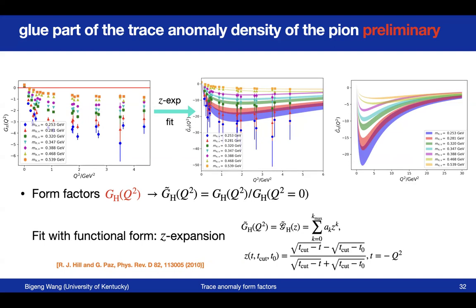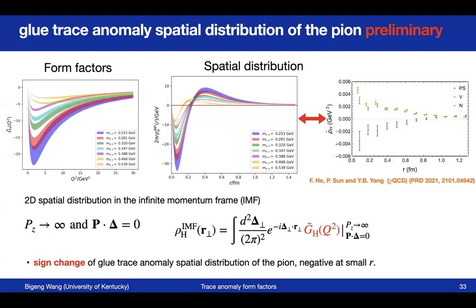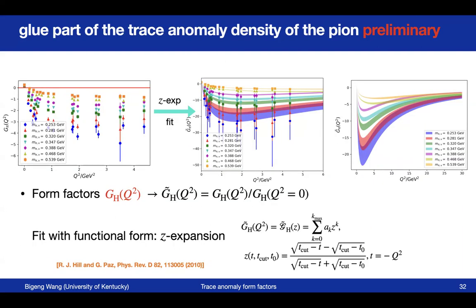So those are the fitted form factors we have. It's hard to read the legends from here. The pion masses go from 0.25 GeV all the way to the largest one, 0.539 GeV, which is about 540 MeV.